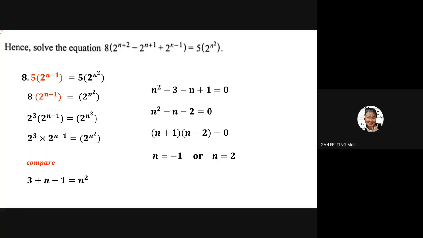You get 80. So this side you will get 80 when your n is 2. Okay, 2 to the power of 2 is 4. 2 to the power of 4 times 5. You get 80 as well. So the first answer, you will get 10 equals to 10. When your n equals to 2, you'll get 80 equals to 80. Okay?